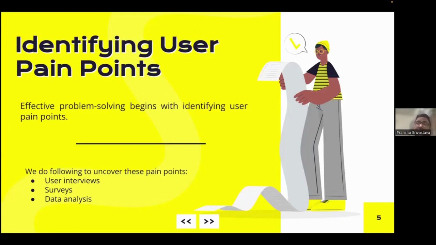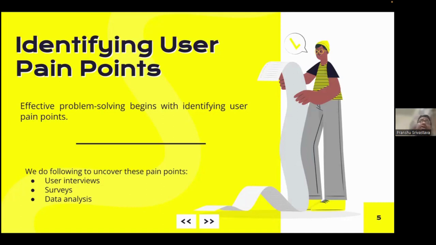Okay, sir, tell me what problem you are facing. Why are you facing it? What is your point of view? आपके हिसाब से क्या होना चाहिए? Right? Then we also do surveys. Okay, we have two solutions. Which solution do you require? Which solution do you love? So that there is data, right? So once you have user interviews, once you have surveys, then you have data. Then you can take a better call.